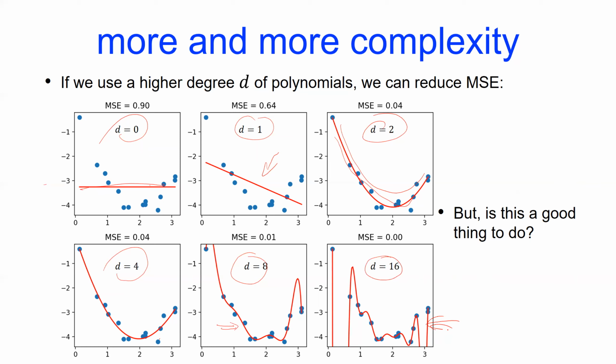Remember our basic two metrics to say a model is good or bad. The first is, explain your observation, right? Your model needs to explain the observation. Then the second is to explain unseen data, to generalize to unseen data.